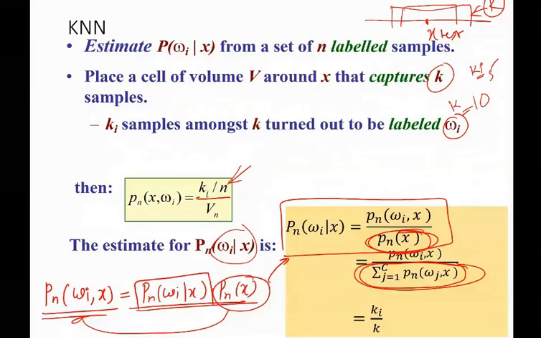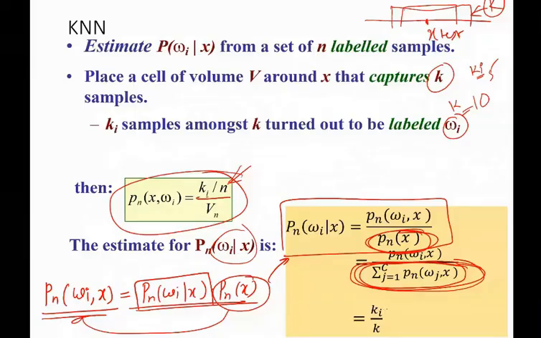So that is the total probability of occurrence of x in different classes. We know this is the joint probability of x and omega I, and here I want the sum of all such probabilities.